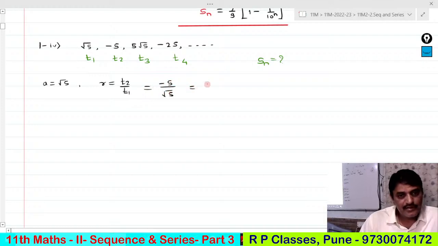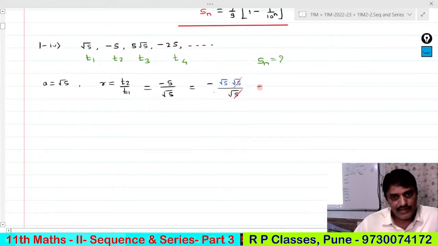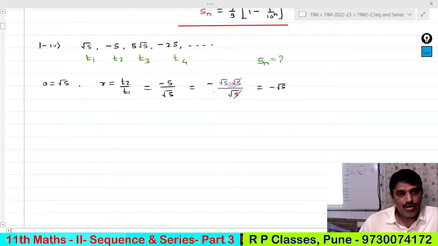So what will it be? Minus root 5, because I can write this 5 as root 5 into root 5, correct? Divided by root 5, so this cancels, and that will eventually give me minus root 5. Is this okay? Yes, this is the common ratio.